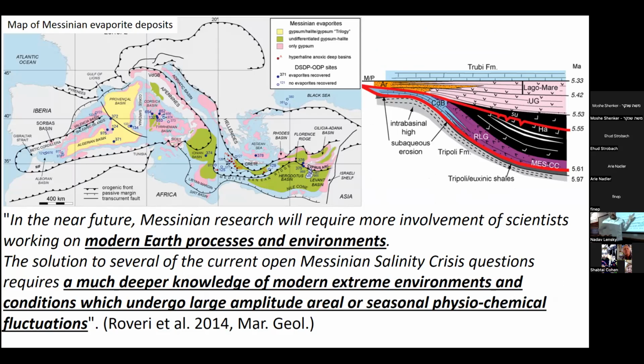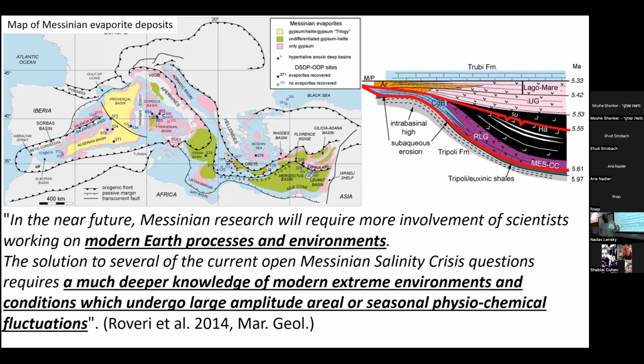And the community working on this problem, mainly in Europe, wrote this sentence in a review paper as the next steps that the scientific community can take. They say, in the near future, research on the Messinian, which is the timing of this event, will require more involvement of scientists working on modern Earth processes and environment.